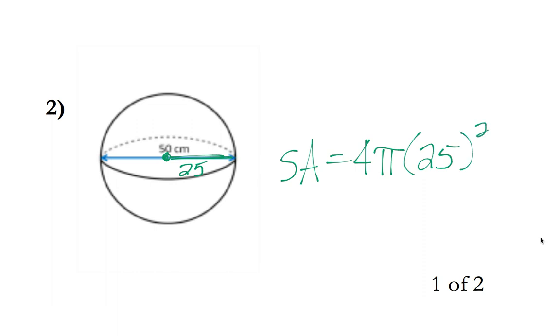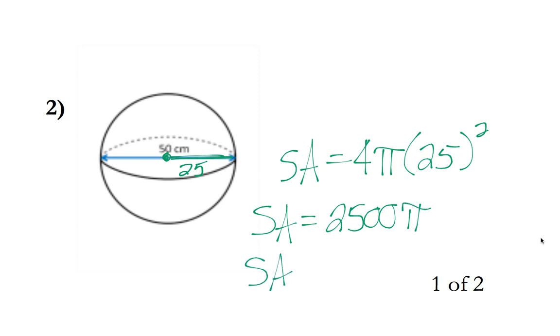So 25 squared, which is 625 times 4. So surface area equals 2,500 pi. Which is 7,854 when rounded.